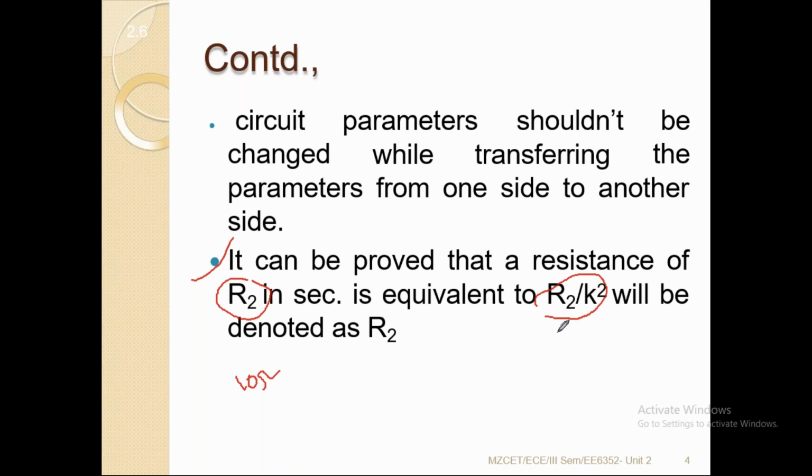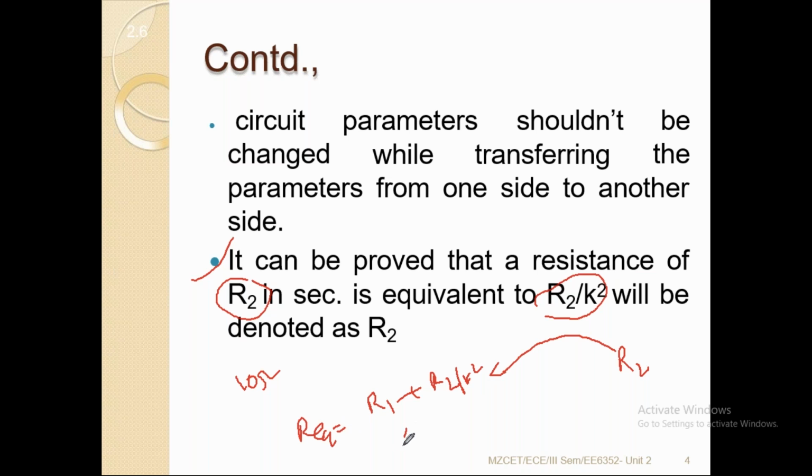I already told you that while shifting the resistance and reactance from one side to the other, the transformation ratio is involved. If R2 is shifted to the primary, it is represented by R2 divided by K square. Then the equivalent resistance of the primary is R1 plus this value, so you get the equivalent resistance referred to the primary.